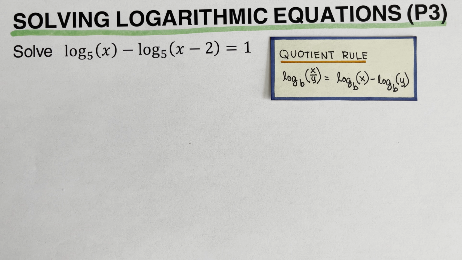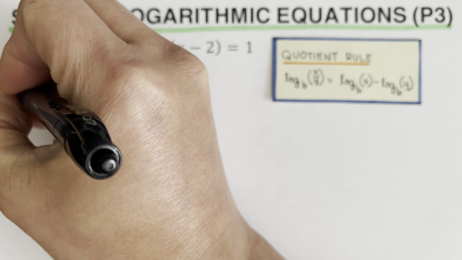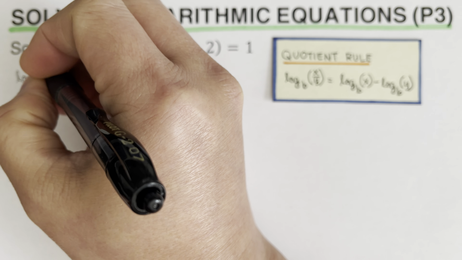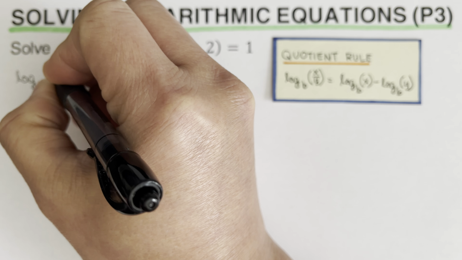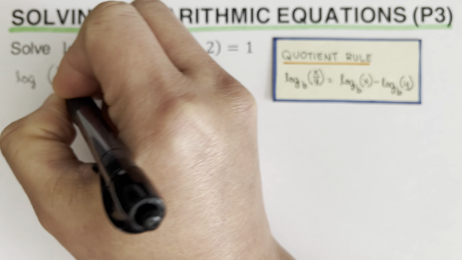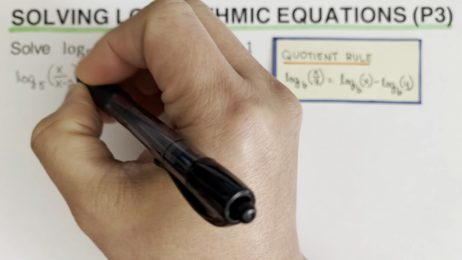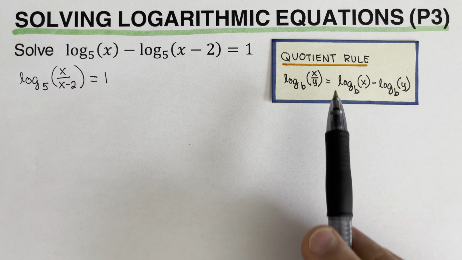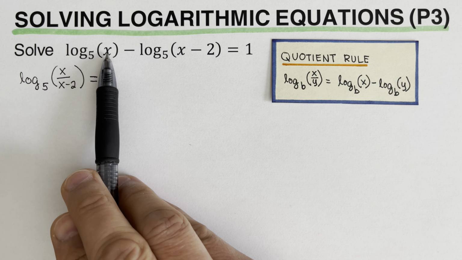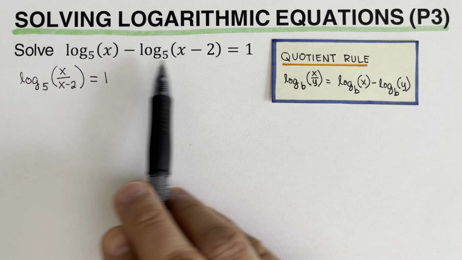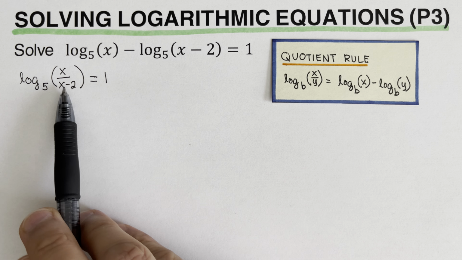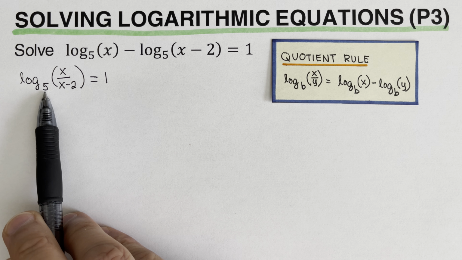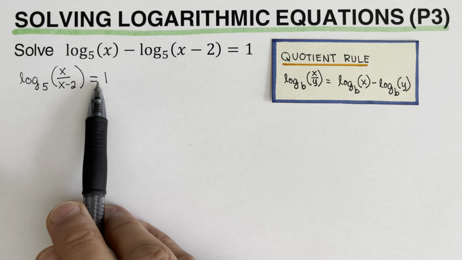So we can rewrite this as... When I used the quotient rule for this term, x will go to the numerator and x minus 2 will go to the denominator, and that is to the base 5, and that is actually equal to 1.